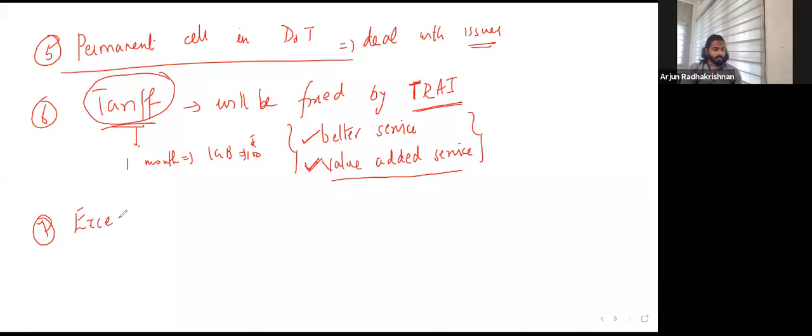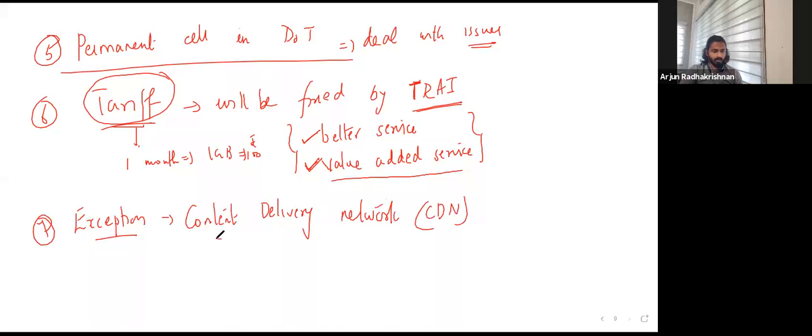And there is an exception in net neutrality. The exception is given to content delivery network, CDN, which is a private network.